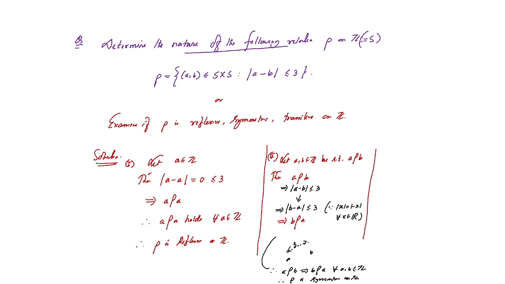Now we come to the next important feature, whether it is transitive or not. Now just think: if the distance between A and B is 3 units, and the distance between B and C is also 3 units, taking A here, B here, and C here, then the distance of AC may be greater, not necessarily less.